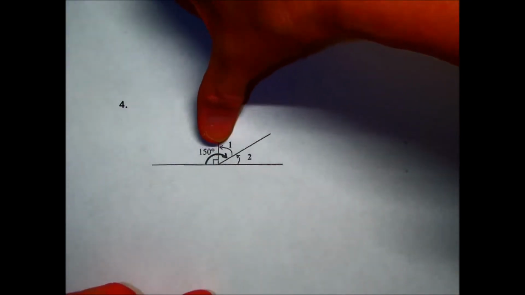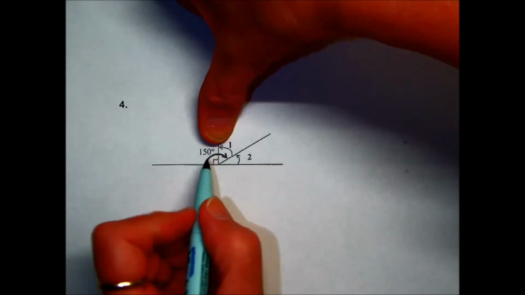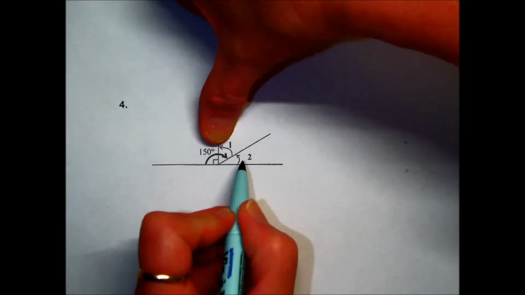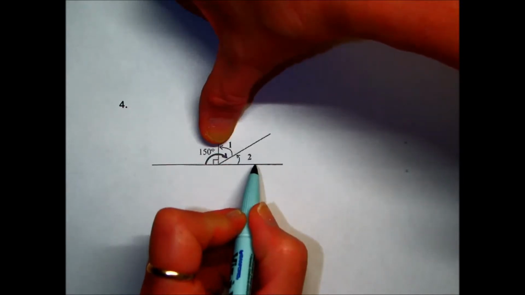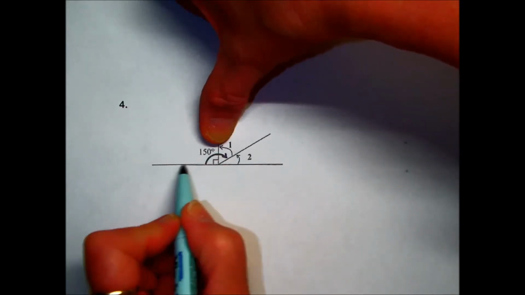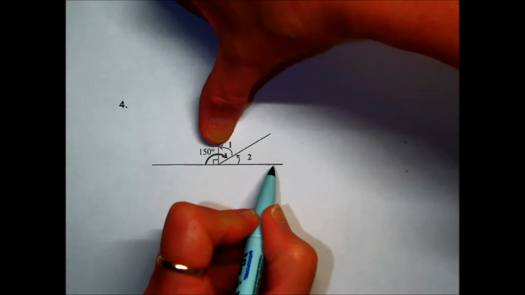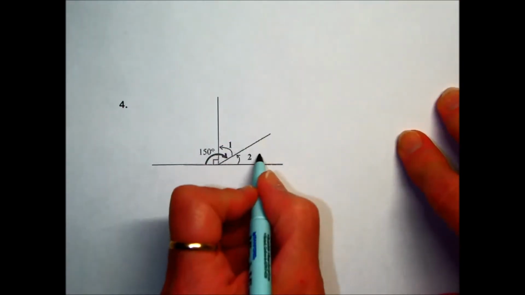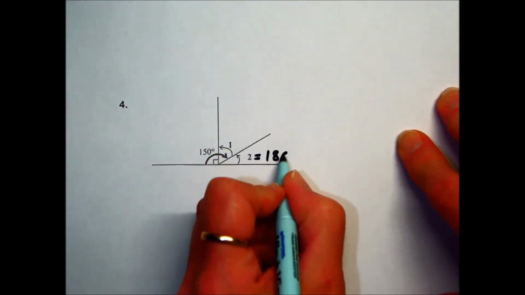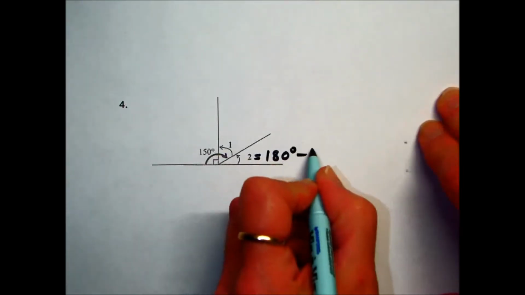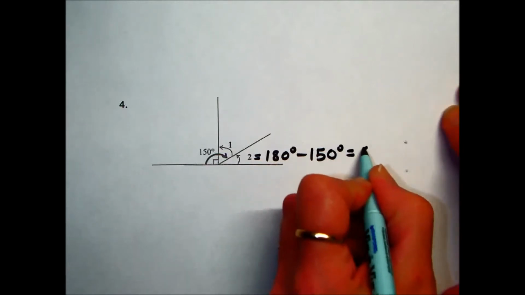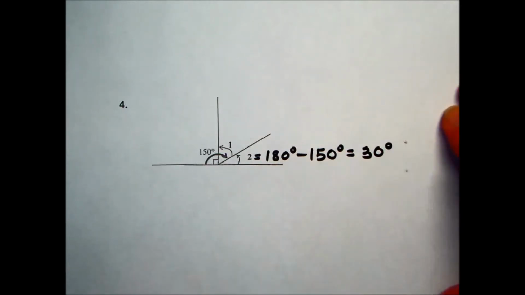If I ignore this vertical line here and only look at the 150 degrees combining with angle 2, those two are creating this straight angle. In other words, a 180 degree sum. So to find angle 2, I'll take 180 degrees, subtract the angle that I am given, to give us a measurement of 30 degrees.